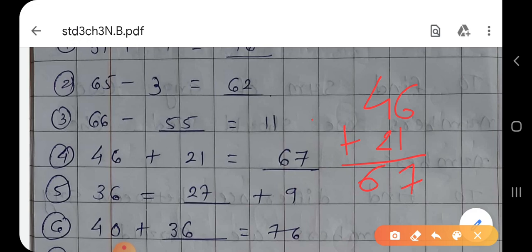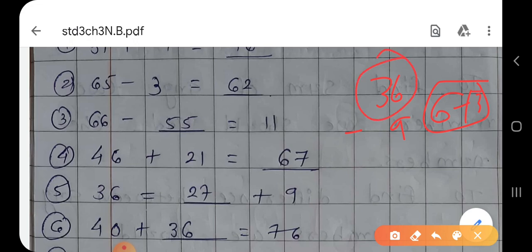Fifth number, 36 is equal to blank plus 9. So to which number if we add 9 do we get 36? So the answer is 27. To find that answer we have to subtract 9 from 36. 36 minus 9. Subtract 6 from 36 is 30.